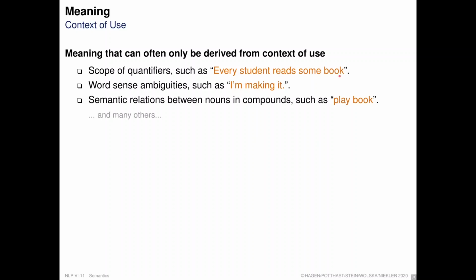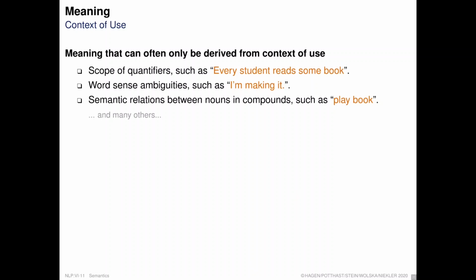And there may be interesting relations that would need to be represented between, for instance, modifiers, especially in case of multiple modifiers of a sentence, and how to interpret multiply modified phrases. So an example here is the playbook. What does it mean that it's a playbook? That it's a book with which you play, or it's a book about plays, or what is it?